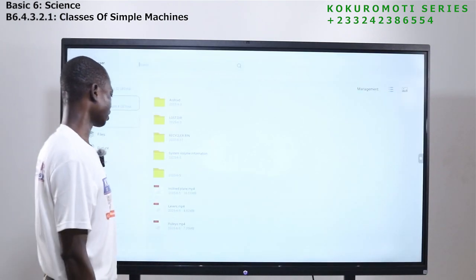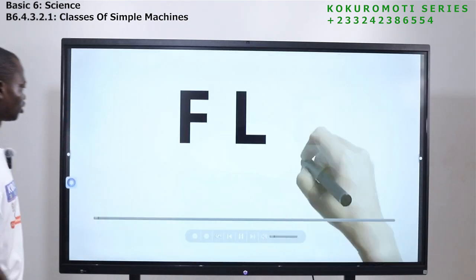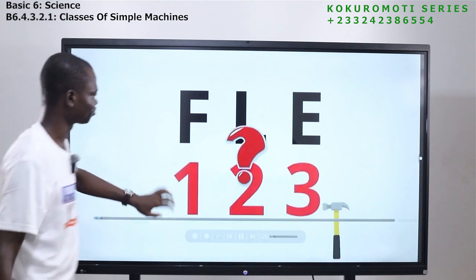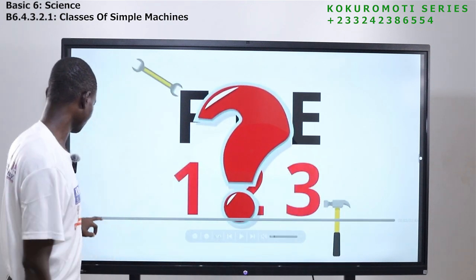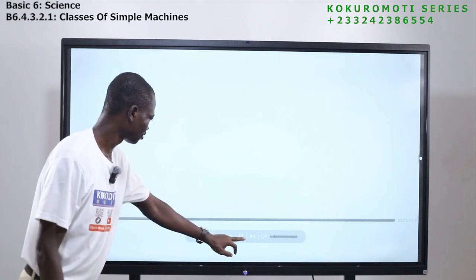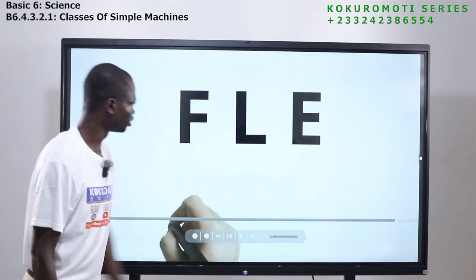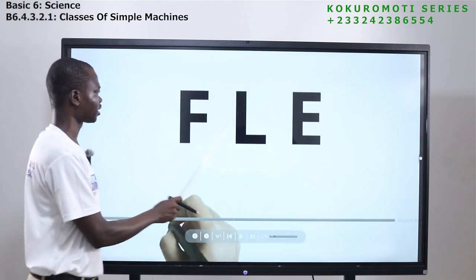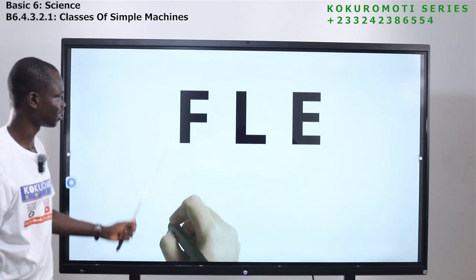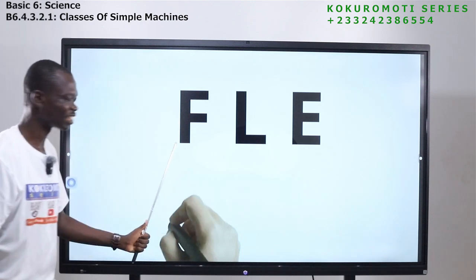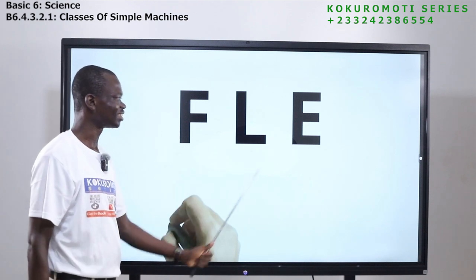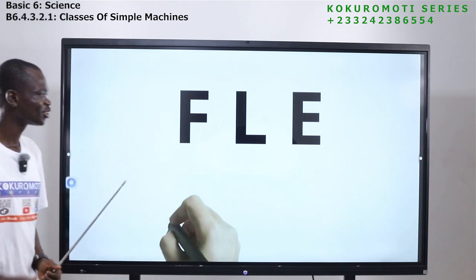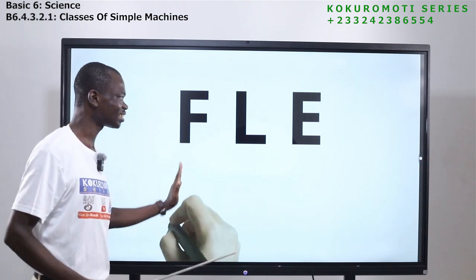We are looking at levers. So look on the board. You see, FLE. The F stands for what? Fulcrum, load, effort. So first class, we have this at the center.